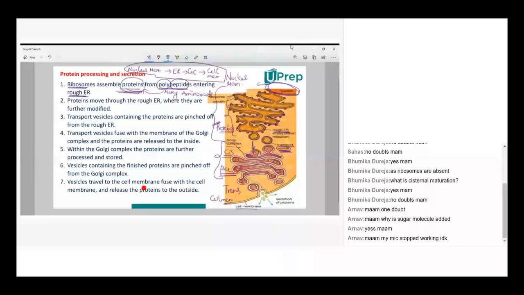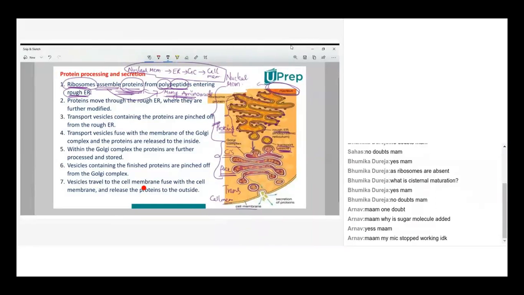Okay. So the ribosomes on the rough endoplasmic reticulum, what will they do? They will synthesize proteins. How are proteins synthesized? That point I am explaining over here. Proteins are synthesized by assembling polypeptides. Polypeptides are nothing but many amino acids assembled to produce proteins.